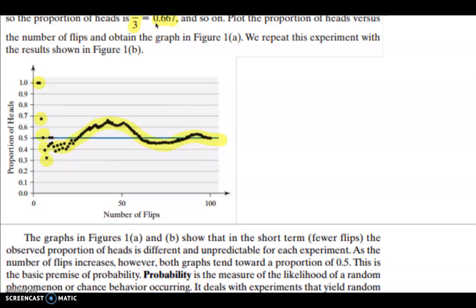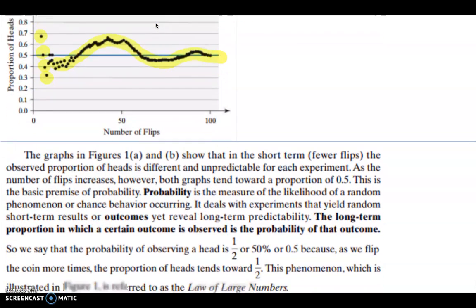We'd expect in the long run, if we repeat this experiment, that your proportion of heads flipped compared to your number of flips would get closer and closer to 1/2, because you've got 2 options. So you'd figure each flip has a 50-50 chance of being a head.